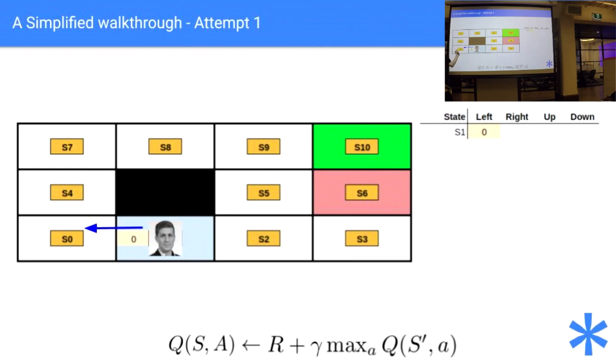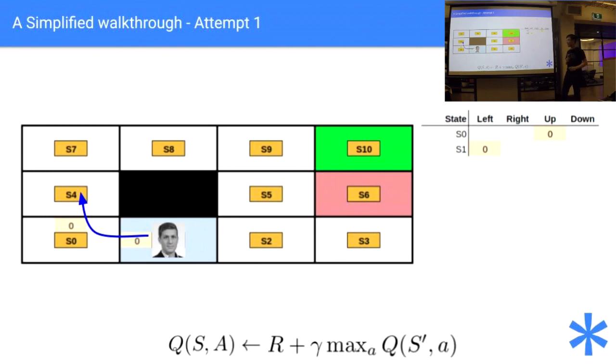He goes, I don't know anything about this, and so my max Q of S, A for this state is also 0. So by applying the update algorithm, he assigns a 0 value to the state S1 and taking a left action.